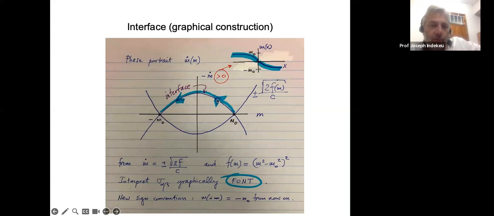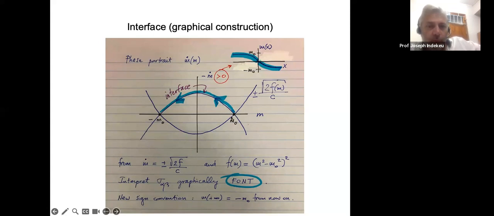So this trajectory depicts the derivative of the profile as a function of the value of the order parameter. So we can see that if we go here from m0 to minus m0, then we have a negative derivative, and so minus the derivative is then positive, and that's why we are in the upper half plane here and not in the lower half plane. So these curves represent the first integral that we calculated, and the first integral tells us that the derivative lies on the plus or minus square root of 2f graphs.